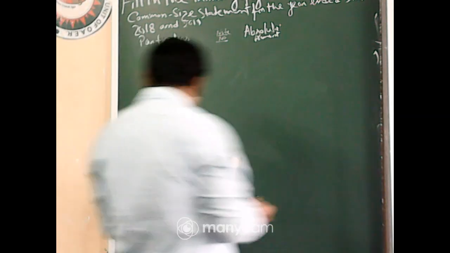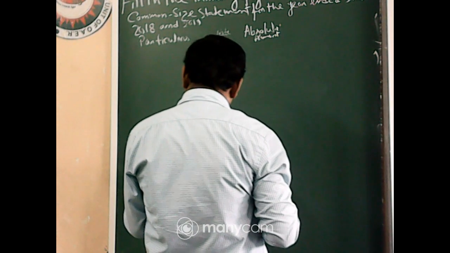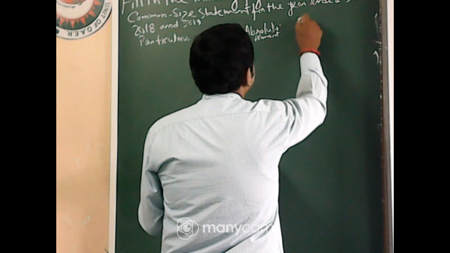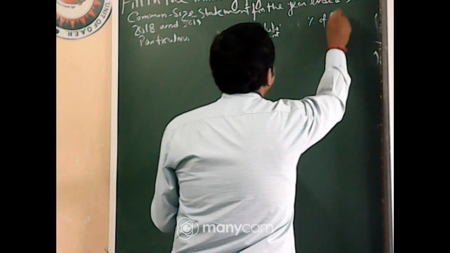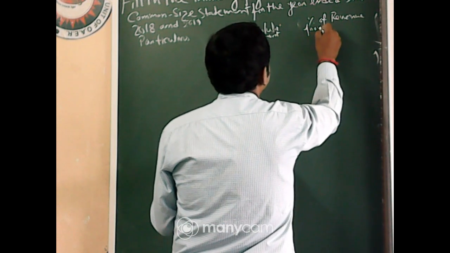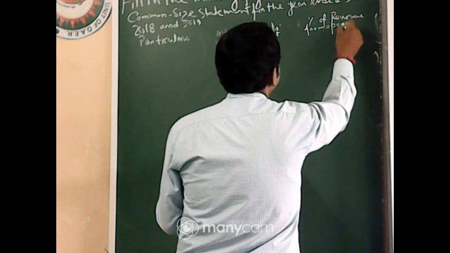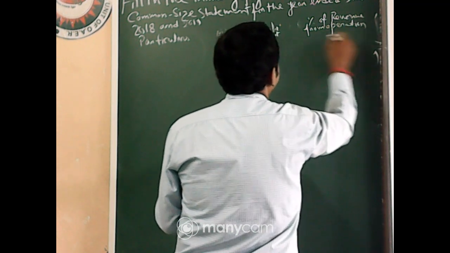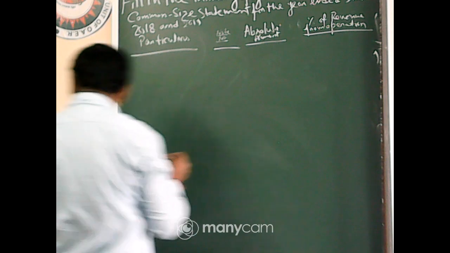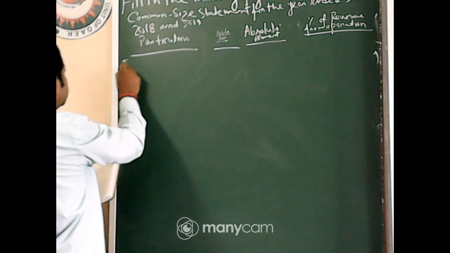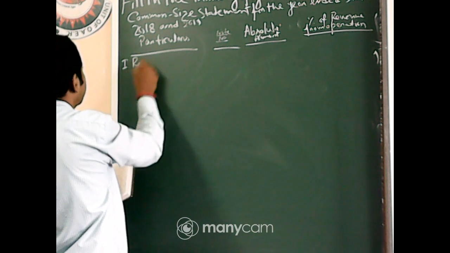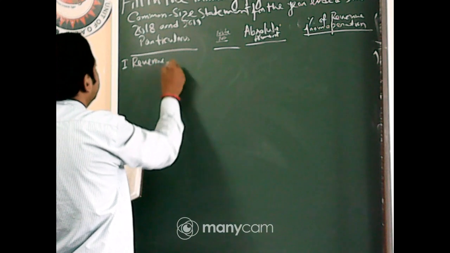So, absolute amount, then there is the percentage of revenue from operation. Revenue from operation.